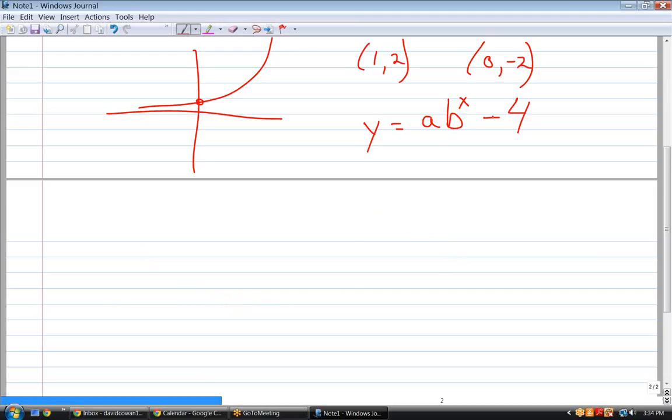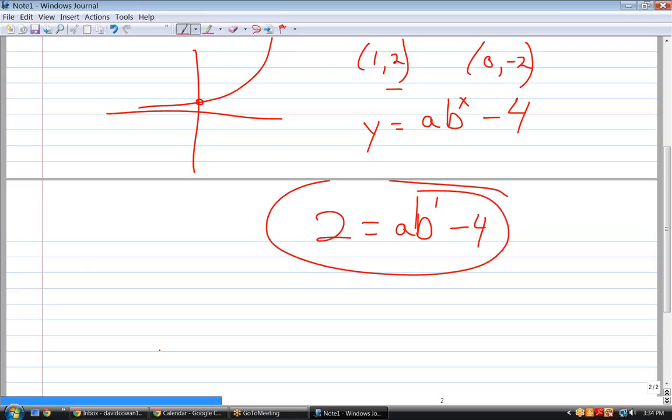Now, normally, if I set up an equation based on that point, it would be 2 equals ab to the 1 minus 4, correct? And the other equation would be minus 2 equals ab to the 0 minus 4.